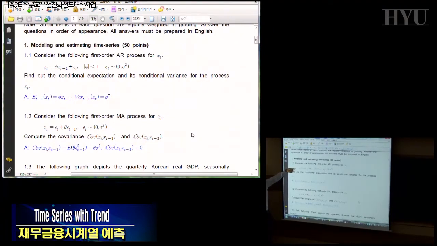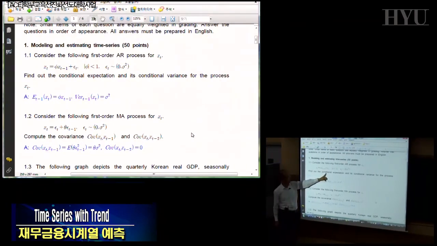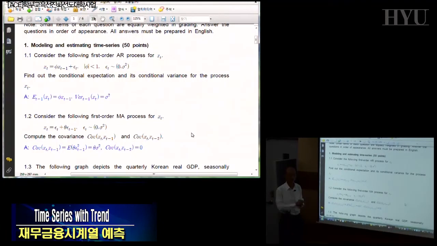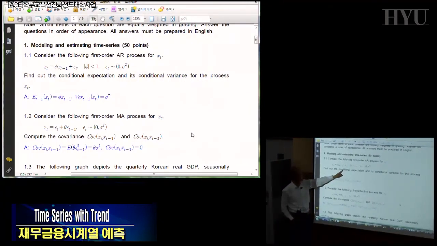Autoregressive process, right? Stationary time series. The first question is, can you calculate the conditional expectation and its variance? So the concept of conditional and unconditional, right? What is conditional? Something is known at time t. So if you calculate the expectation here, this is known, this is not known, right?